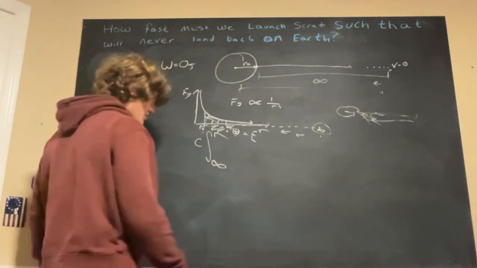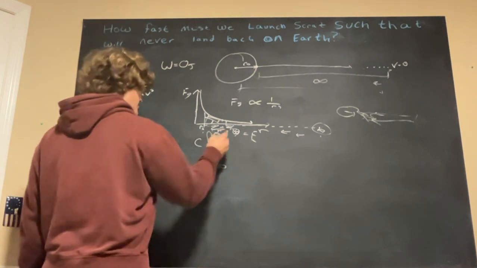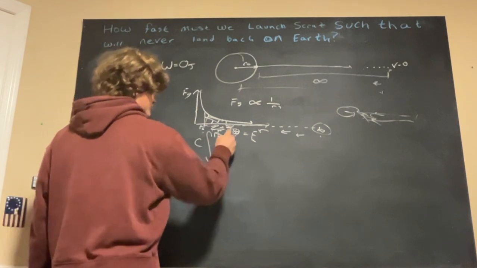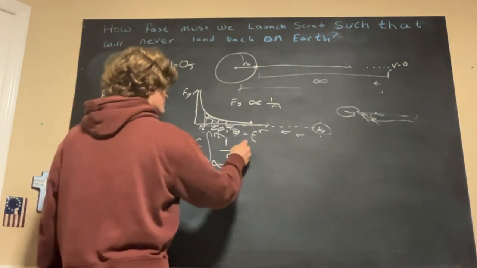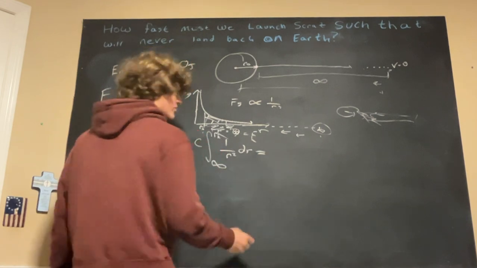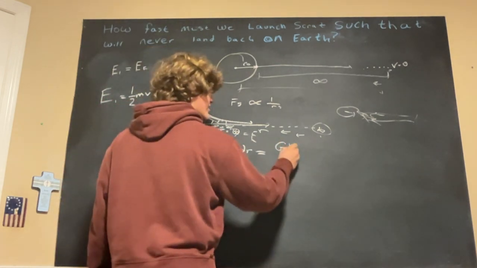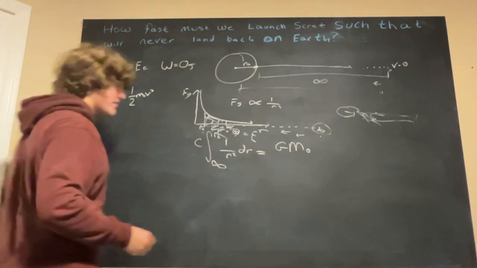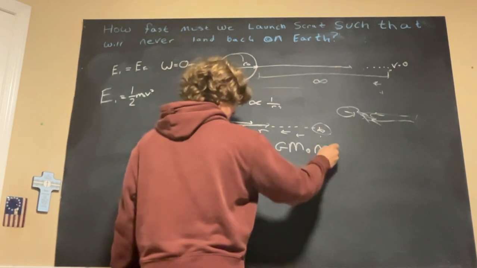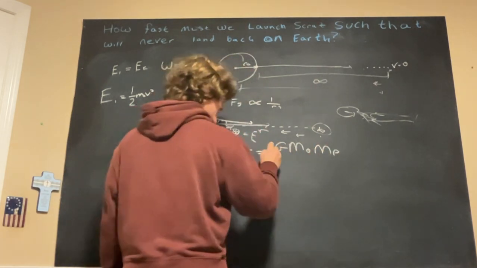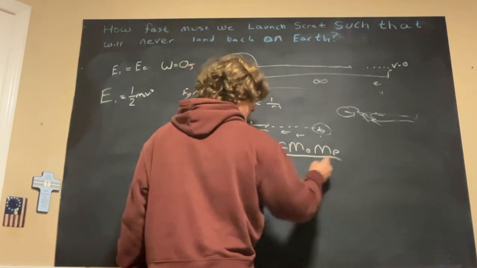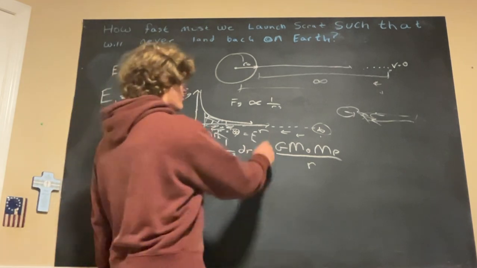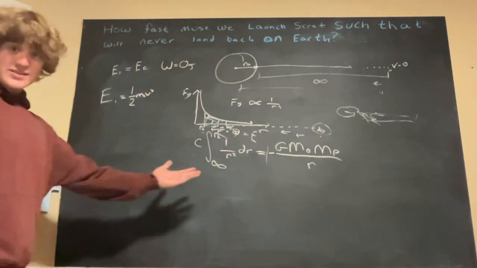So it is the integral from infinity to the radius of the Earth of this constant times 1/r squared dr, which is equal to G times the mass of the object, which is a squirrel, by the way, times the mass of the planet. This is all of our constants, negative, divided by r.